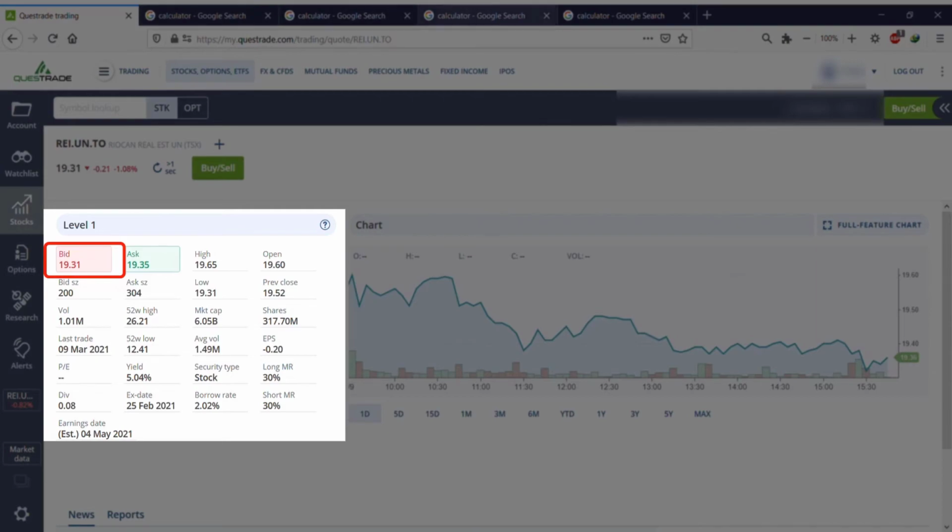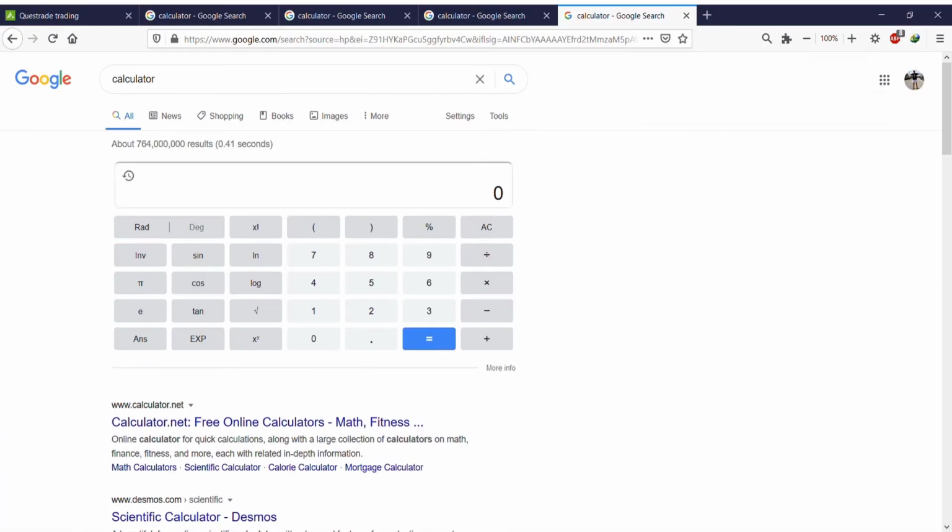You're going to go here, and if you remember, you had $100,000 in our example. So you're going to divide it by the stock price, which is 19.31. And this is just for an example because prices change, right?